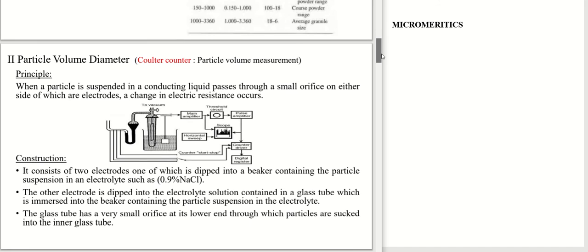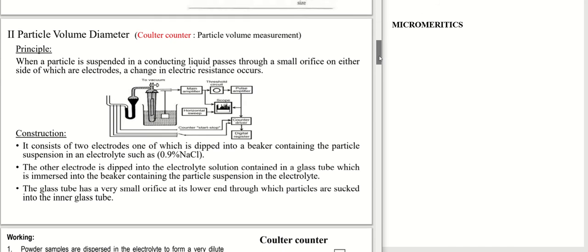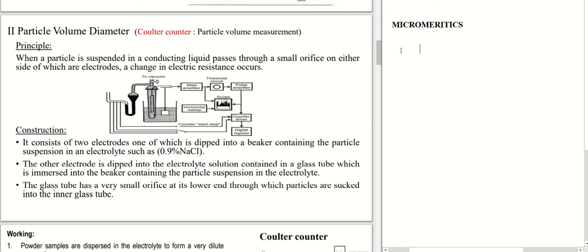Now let's see how particle volume can be measured. For this particle volume measurement, we will be making use of the Coulter counter instrument.